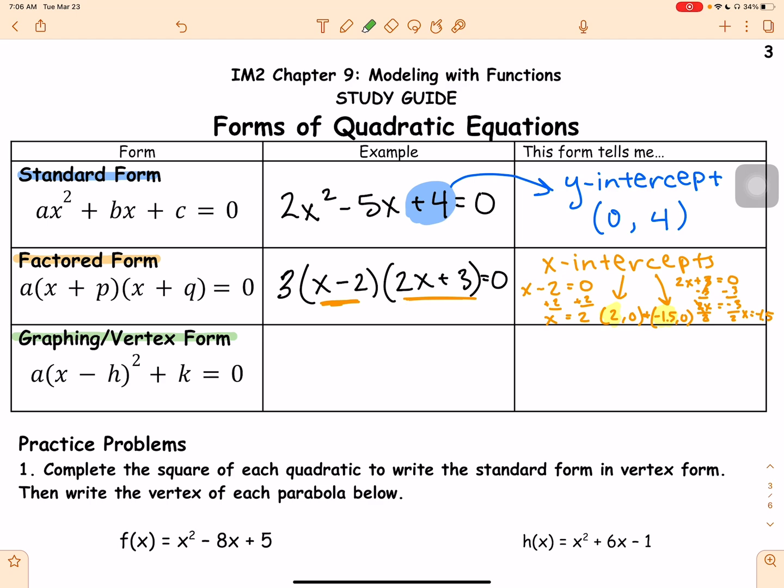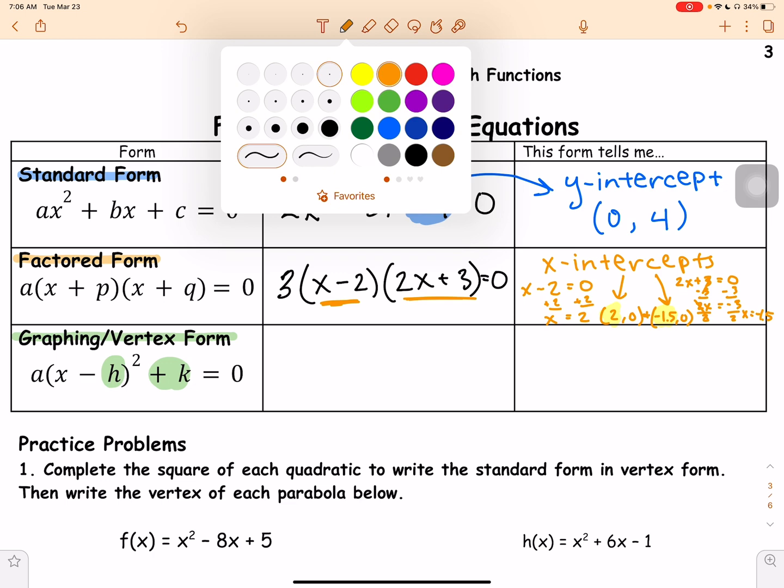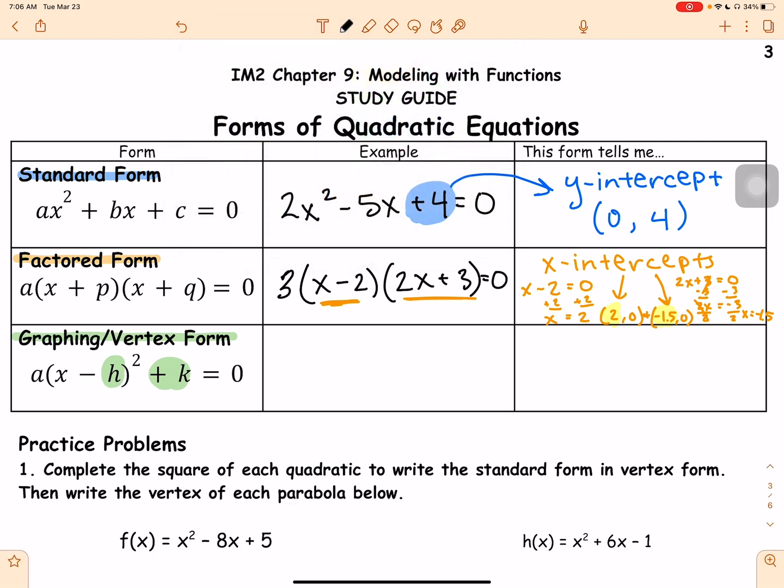All right, so we learned that the vertex is (h, k). Okay, so here's an example. What if we have negative 2 times (x minus 3) squared plus 4 equals 0. What this one tells us is the vertex.